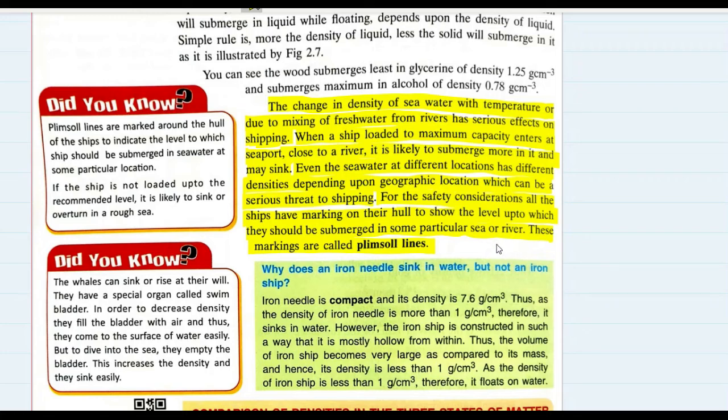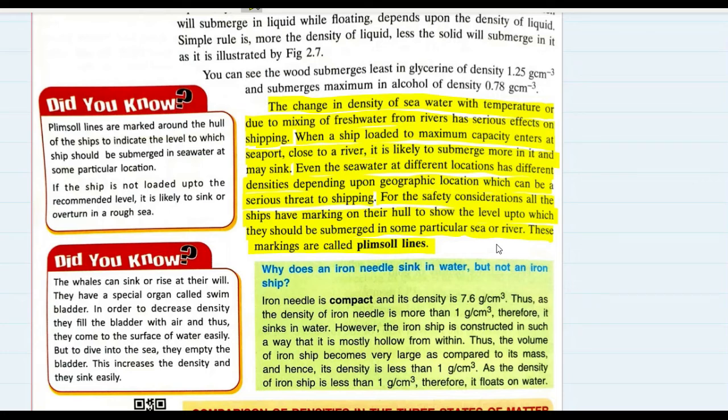So, seawater has maximum density because there is a lot of salt dissolved in it. The density of seawater is more than the density of river water or pure water or sweet water, because of the dissolved salts. And that's why the ships do not submerge more, because the density of water is more.